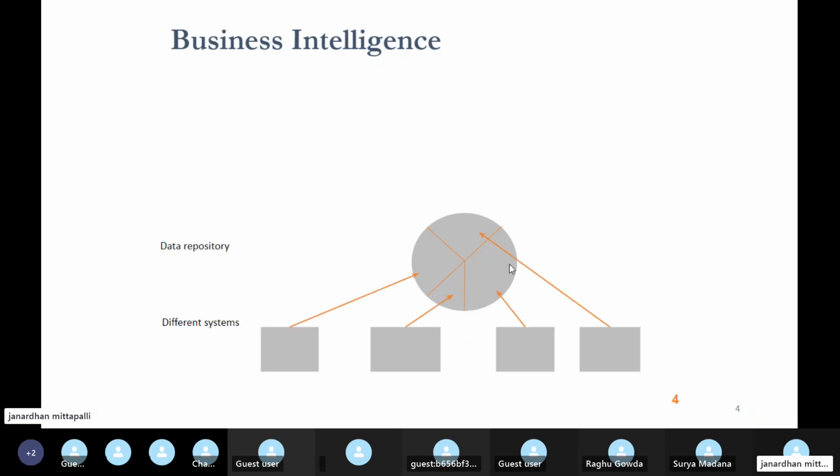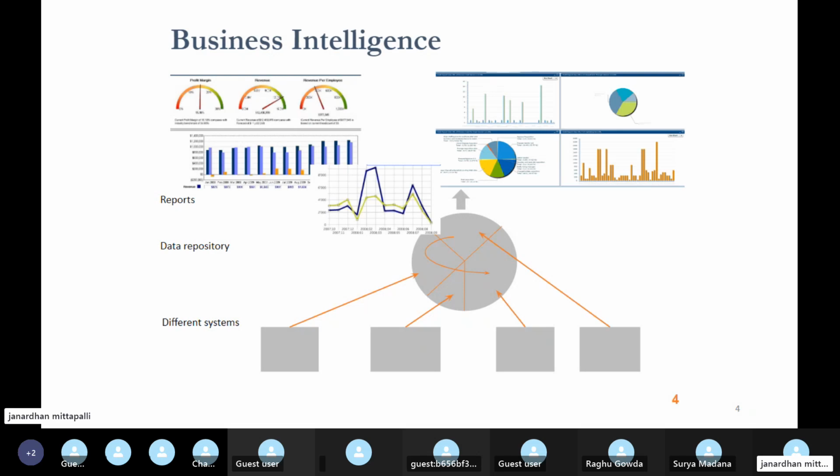Then we'll access the data from the data warehouse or database to our reporting environments. How will you access? Just use the data server names and the credentials the user is maintaining. With that, you can access data from the data warehouse to your reporting tools, like Power BI, Tableau, Oracle BI, QlikView, and there are other BI tools also.